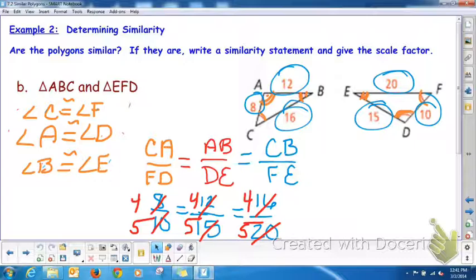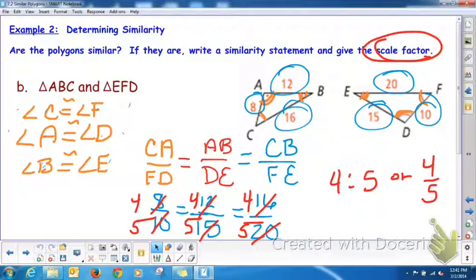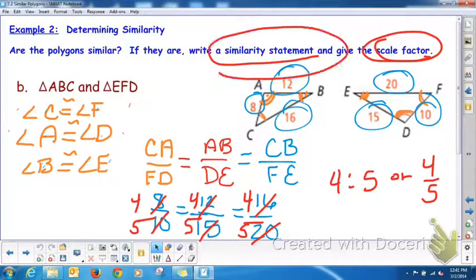Our scale factor would be 4/5. 4 to 5. We have a 4 to 5 ratio here, or 4/5. And the way that you write a similarity statement would be to say that triangle CAB, I'm just getting these letters from right here, CAB is similar, not congruent, no equal sign, to triangle FDE.